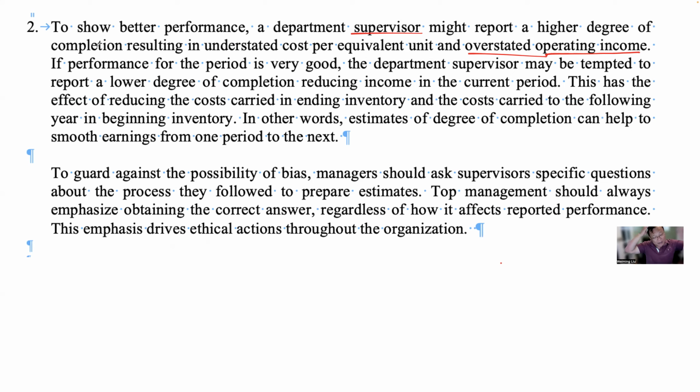So at this time, the manager will think, how can I bring down my income so I can save it for next year, so next year I have a higher chance to also meet the target?